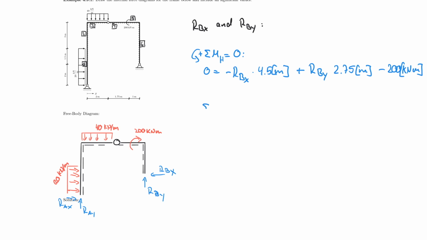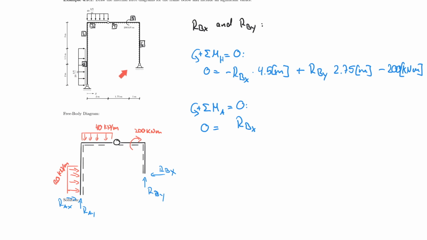I'm going to call that the sum of the moments about A being equal to 0, counterclockwise positive. And now 0 is equal to, and I'll start with my same unknowns, RBX. Now it's important to be careful. It's acting here and turning about this hinge, so it's turning counterclockwise, which makes it positive.